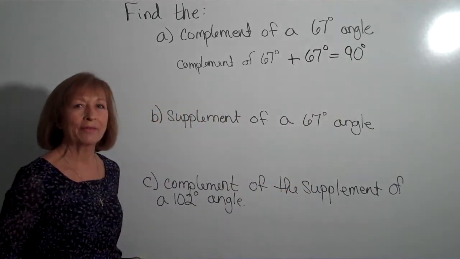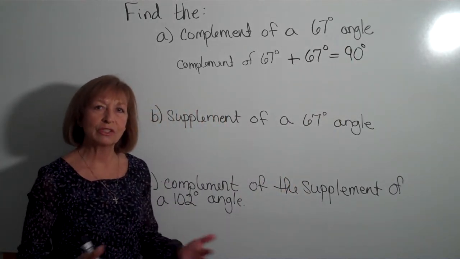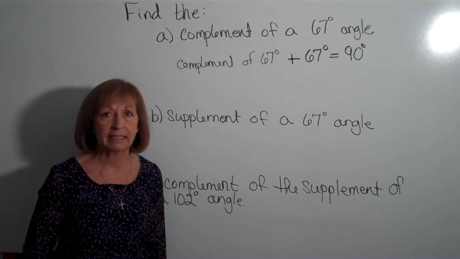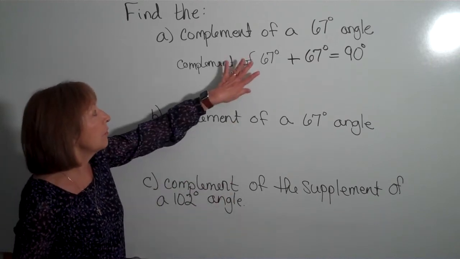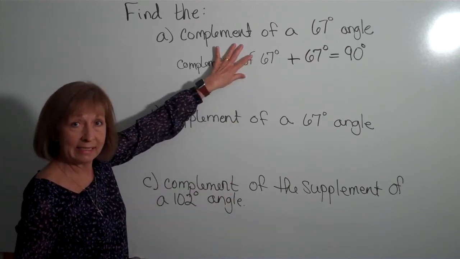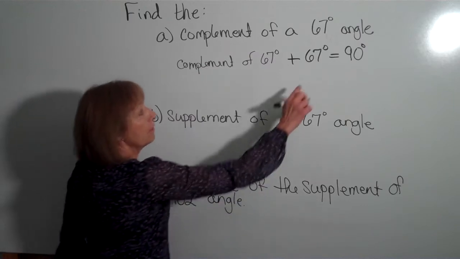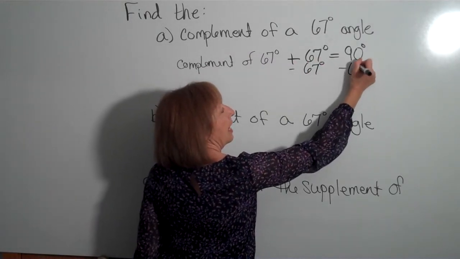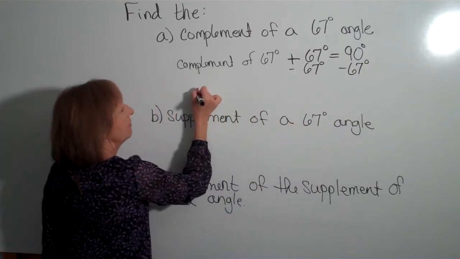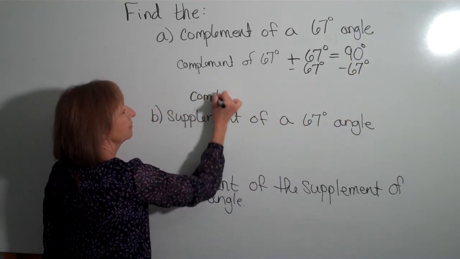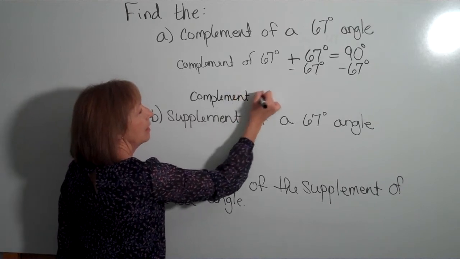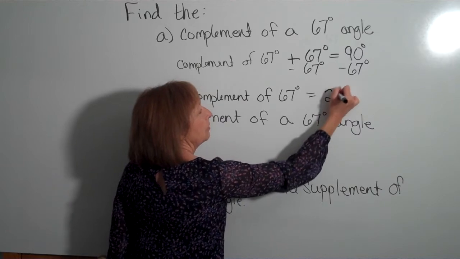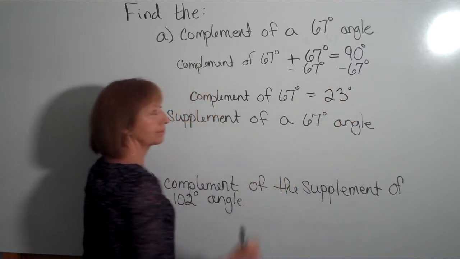We don't need to write out this equation each time. It's just to help you visualize why it is what it is. To solve this equation, I'll subtract 67 degrees from both sides, and I'll have that the complement of that 67-degree angle is equal to 23 degrees.